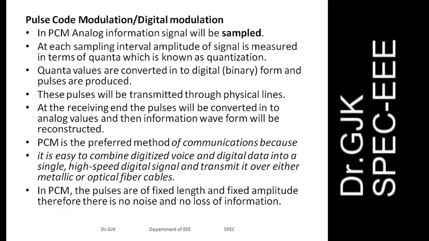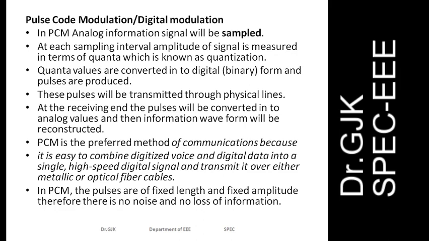So when 1 is there, a pulse will be generated. When 0 is there, no pulse will be there. Like that, this binary data will be converted into pulses, and these pulses will be transmitted through physical lines. And at the receiving end, again from these binary pulses, quanta will be recalculated, and from this the waveform will be reconstructed again.